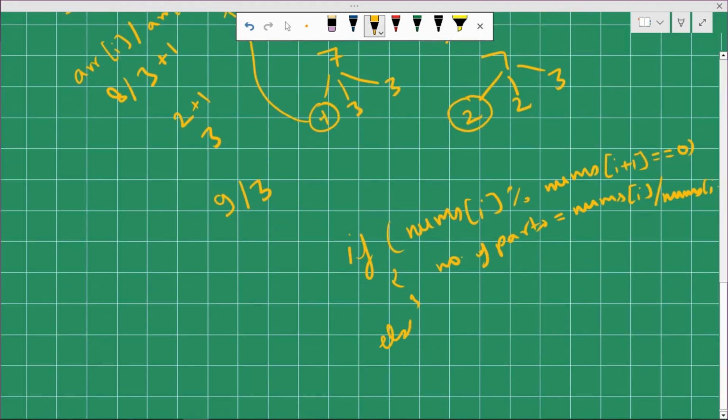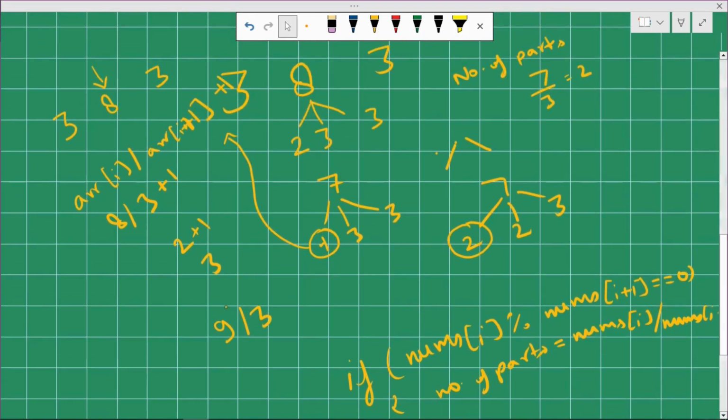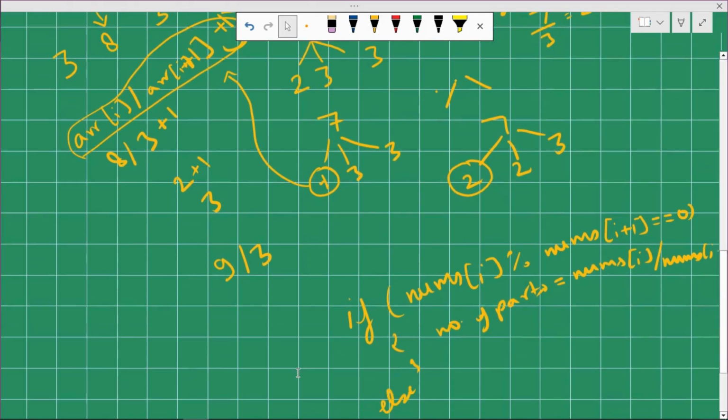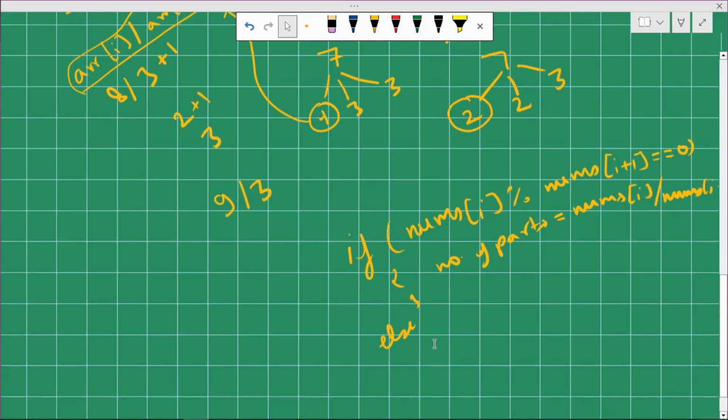And else, if it is not perfectly divisible, then we'll use this method: we will first divide, then add 1. And what would be the minimum number? If it is perfectly divisible, the minimum number will be same as this I plus 1. And if it is not perfectly divisible, then it will be the current number divided by the next number.